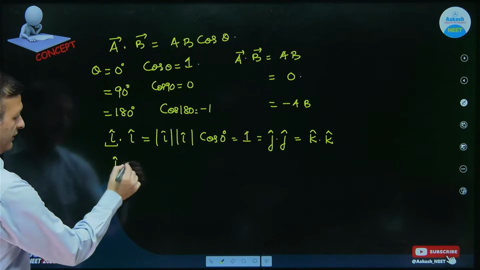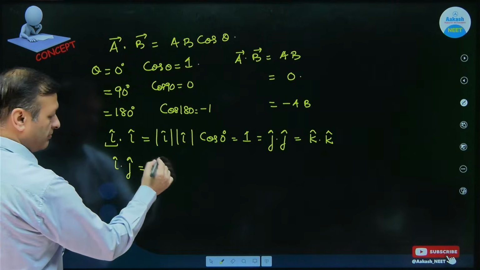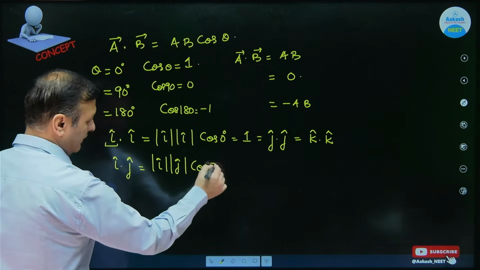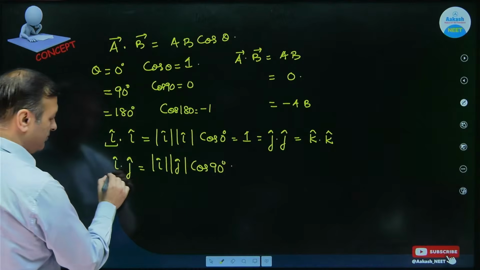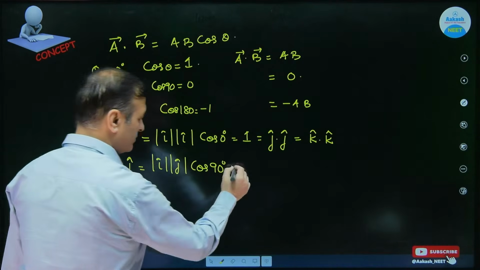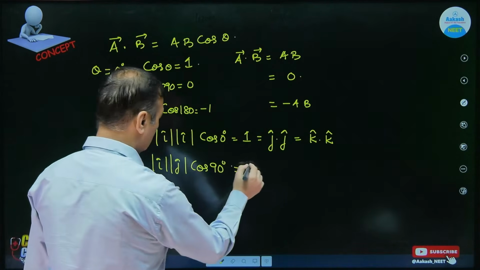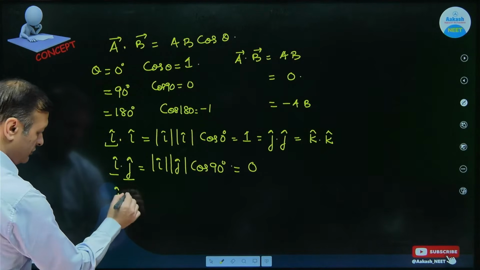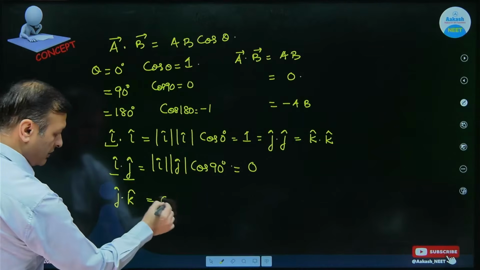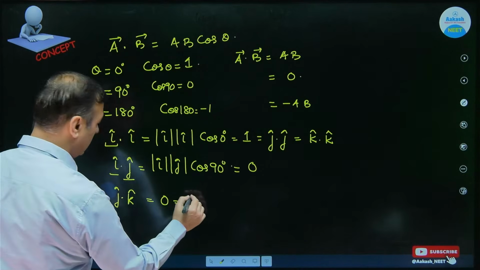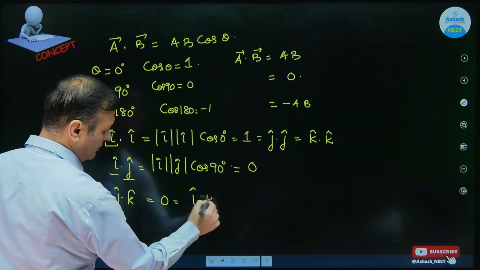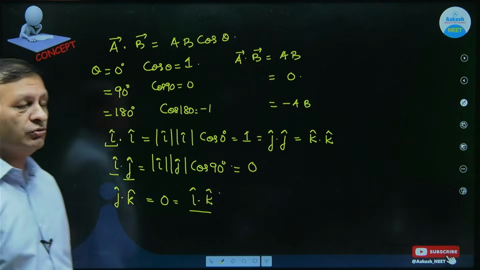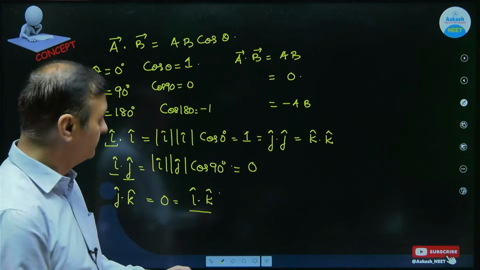Whereas if I define I dot J, that means magnitude of I, J and the angle between I and J, because they are perpendicular to each other, that means cos 90, which is 0. So that becomes 0. Similarly, J dot K becomes 0 and I dot K is also 0. So this is dot product.